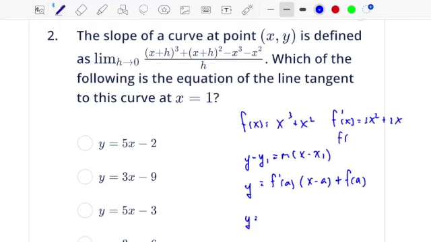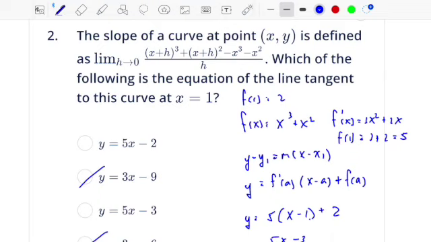Our derivative evaluated at 1 is going to be 3 plus 2, which is 5. Boom, that's out. Boom, that's out. So we've got 5 times x minus 1 plus f of 1, which is going to be 2. So with that, we got y equals 5x minus 5 plus 2, which is 5x minus 3. And there we go. Next.